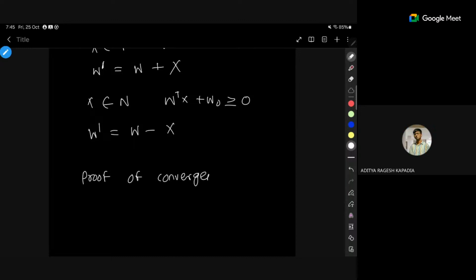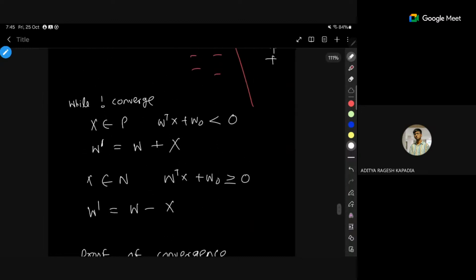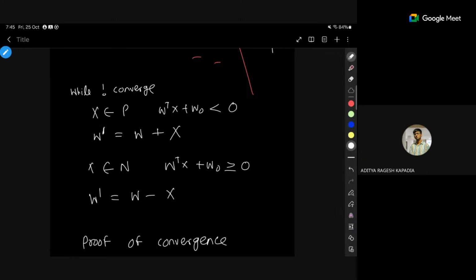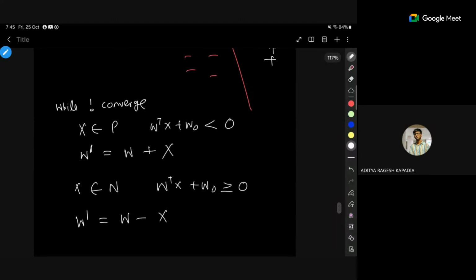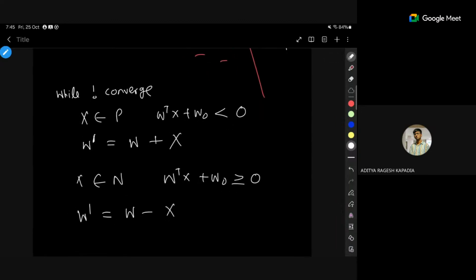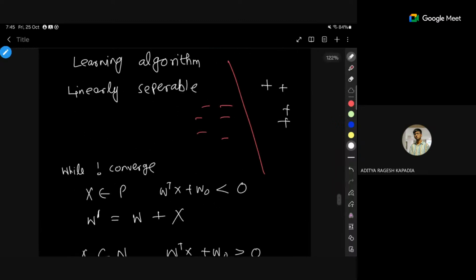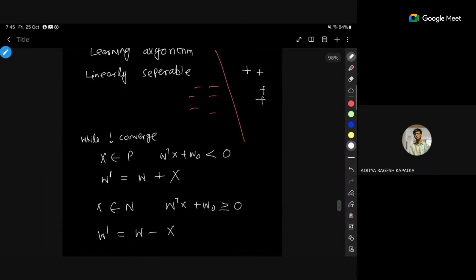What will be W naught here? That is the bias.